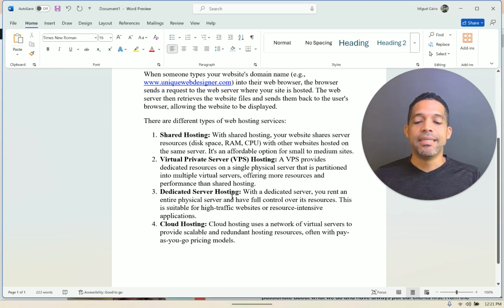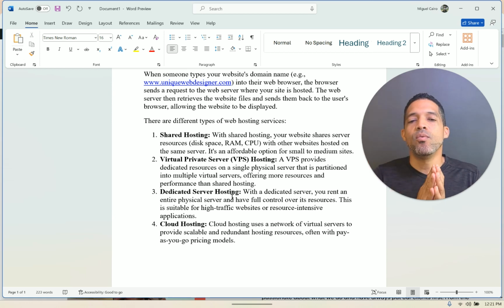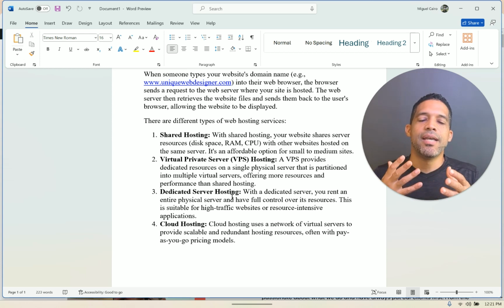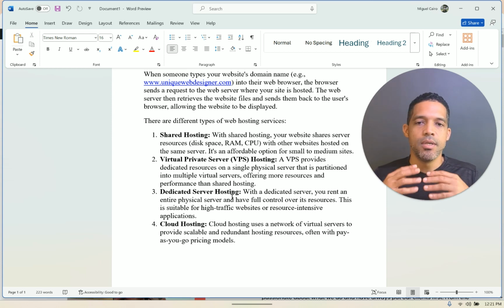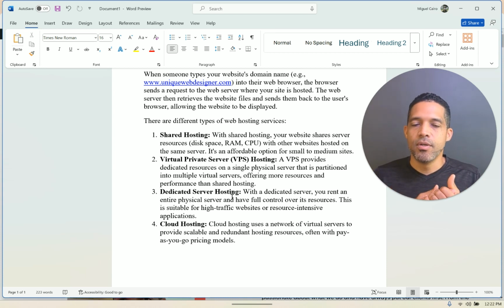Then you have dedicated server hosting. Dedicated means the computer, the server, is yours. And the only people that need a server to themselves are people that have humongous stores, like an e-commerce website, or if you're going to have a huge database. So in other words, most small business owners, 98% of them, do not need to be on a dedicated server.